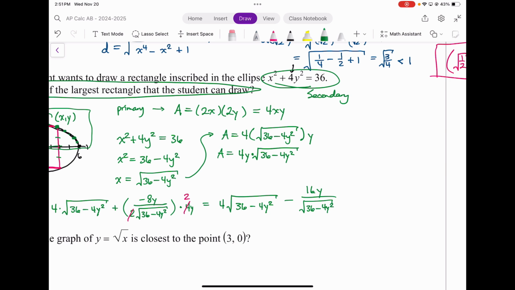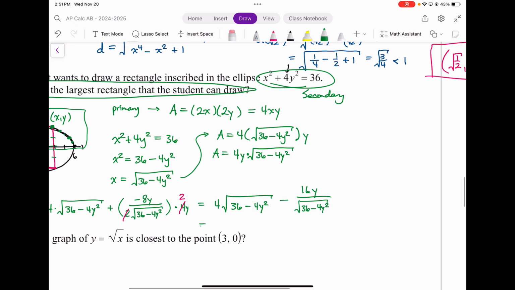Okay, let's combine fractions. So I'm going to multiply top and bottom by this square root thing. So this should turn into 4 times 36 minus 4y squared, over the square root of 36 minus 4y squared, minus this thing.